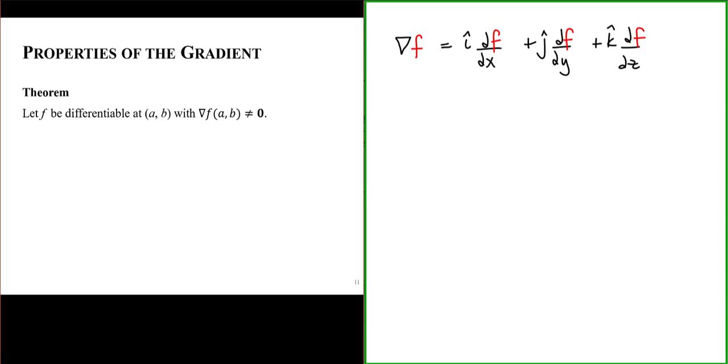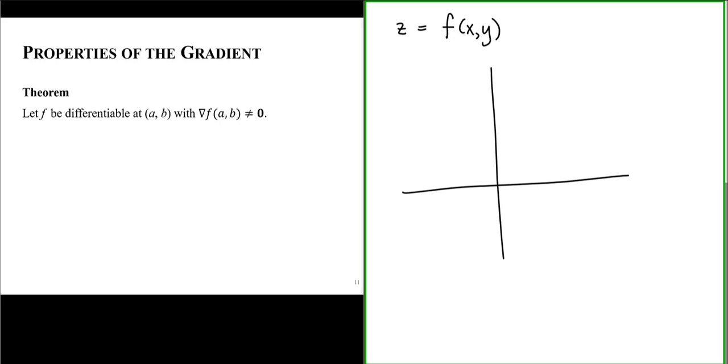As long as our function f is differentiable at a point a, b, and let's do this. Suppose f is defined as a function of the independent variables x and y. So this function f, we can also call it z, would form a three-dimensional surface in a rectangular coordinate system.